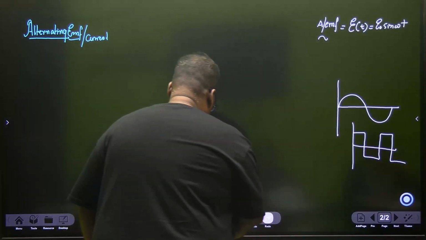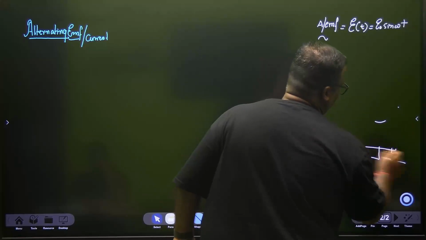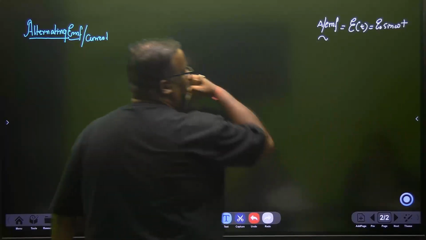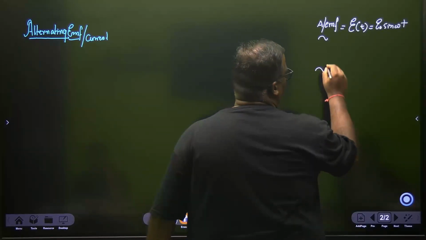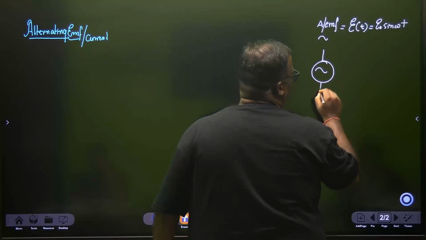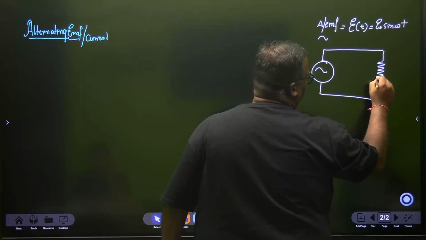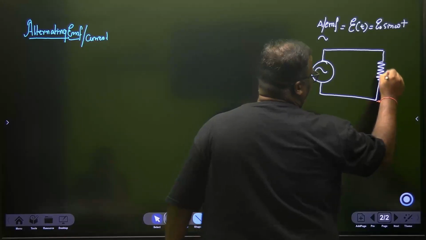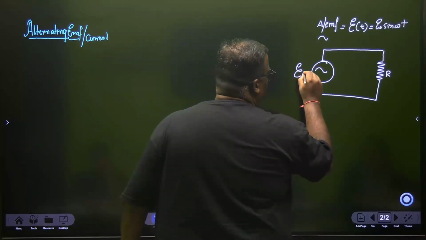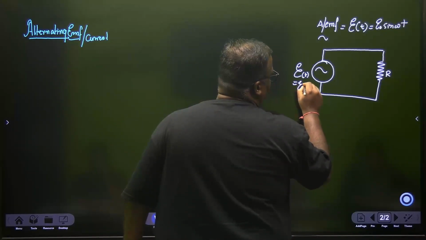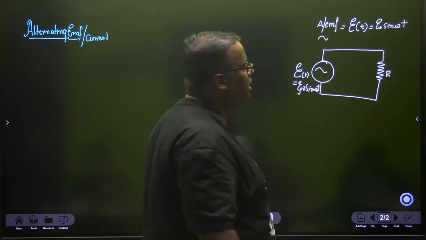So let us understand, going further with this topic, the concept of alternating current and alternating EMF. If you have an alternating source like this, and you connect this alternating source over a small resistor R, and the alternating source is giving E at time t given by E naught sine omega t, I would like to find out how much current is actually flowing in the circuit.